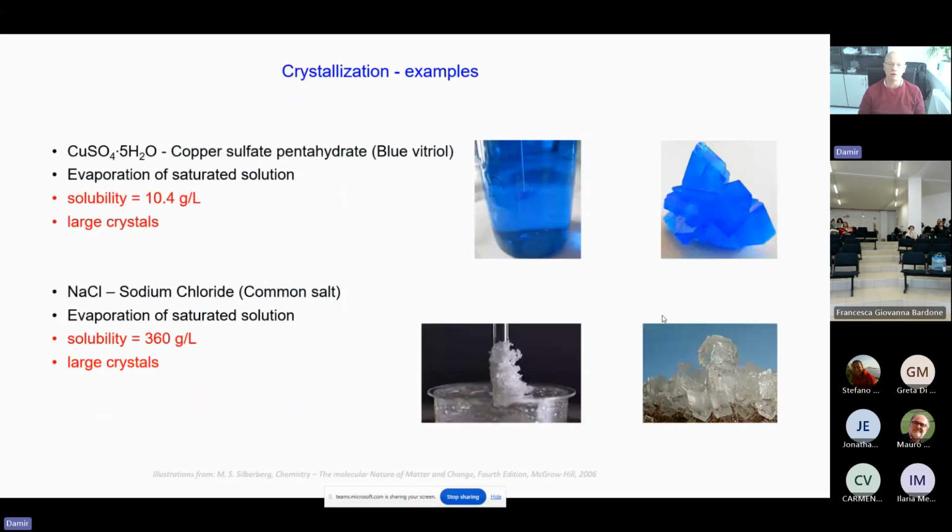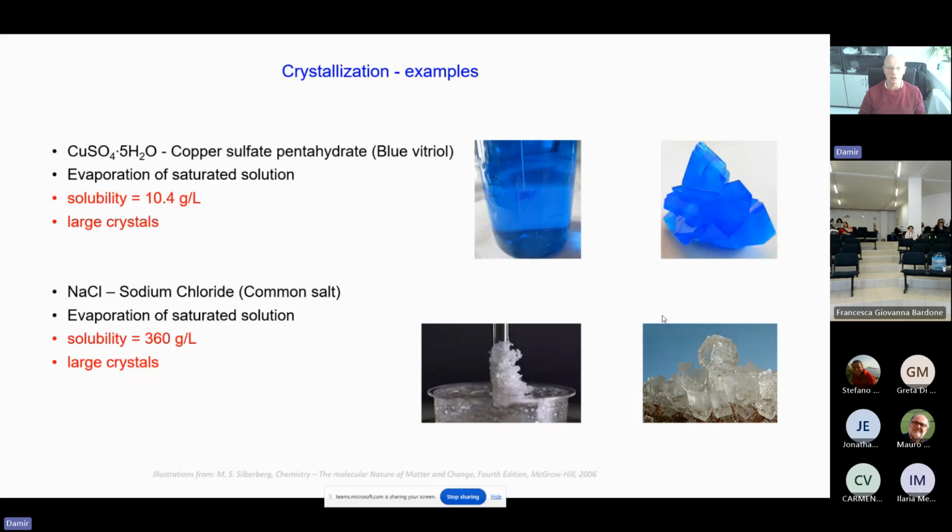I will start with a few examples to discriminate and to explain what is crystallization and what is precipitation. These examples are from chemistry courses from primary school, high school, even from university. So the first example of crystallization is copper sulfate pentahydrate, blue vitriol. This kind of crystallization is performed by entering some seed crystals in a saturated or supersaturated solution, and after some time, nice and large crystals appear.